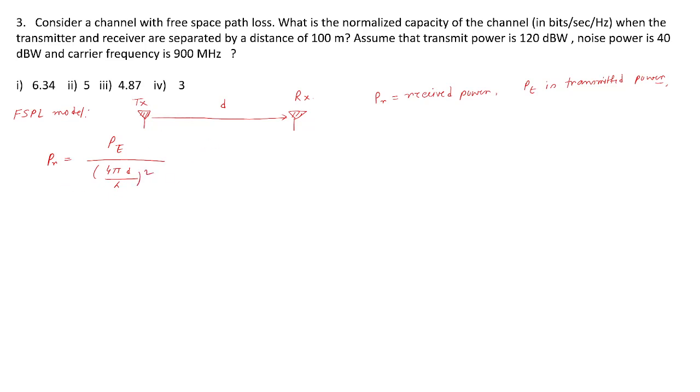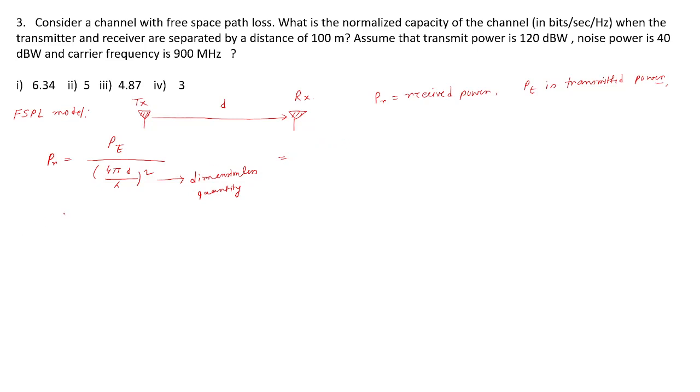We'll discuss what this quantity is in a minute, but it's good to check that (4 pi d by lambda) squared comes out to be the ratio of PT by PR. So this part is again a dimensionless quantity.